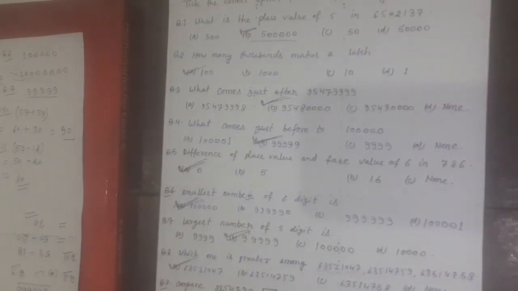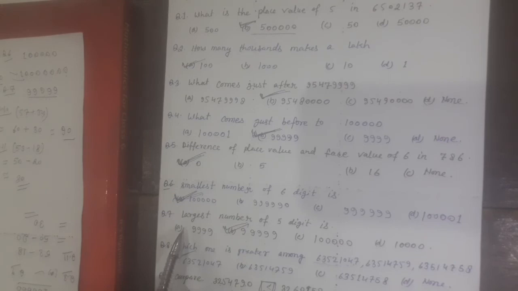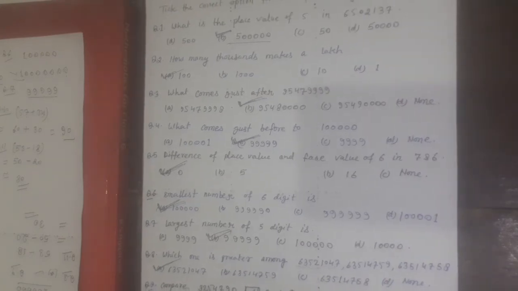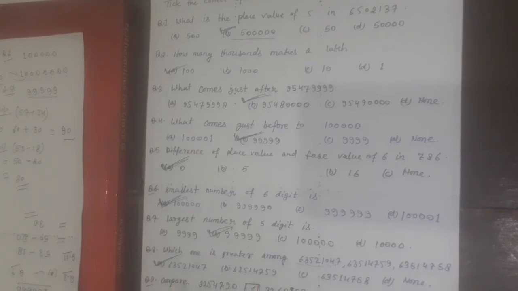Now moving to the next question, question number 7. The largest number of 5 digits is... Okay, to write the largest number, we will put 9s. If you have to write the largest number of 5 digits, you will put five 9s together.